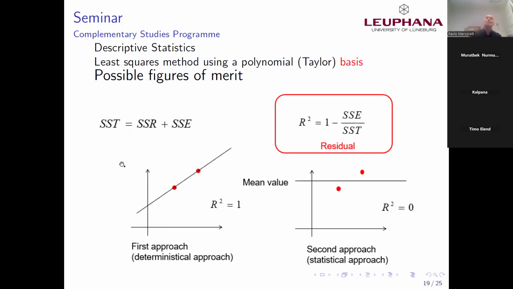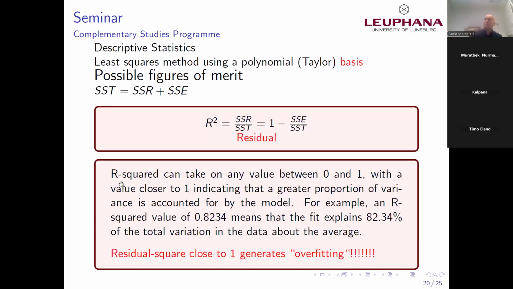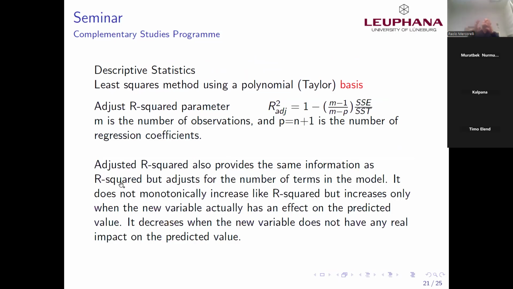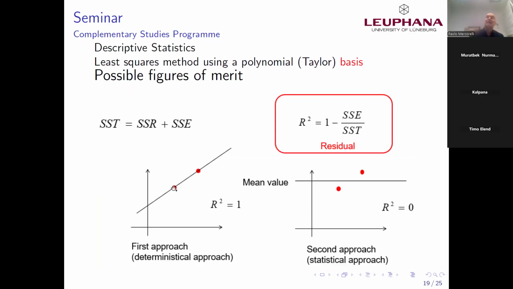R squared changes between 0 and 1. Now, again, I am testing n: R squared equal 1 means n equal 1. If I consider n equals 0, we have R squared 0. This means the minimal statistical error, but the maximal, we have seen last time, deterministic one.